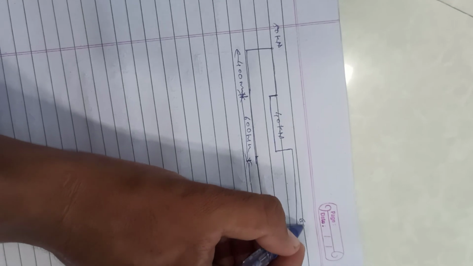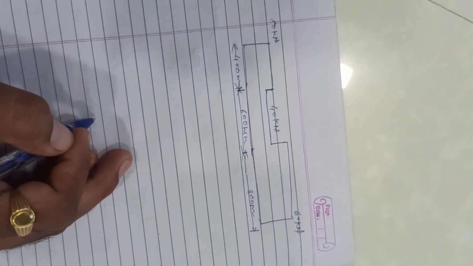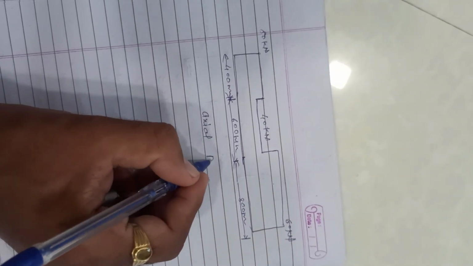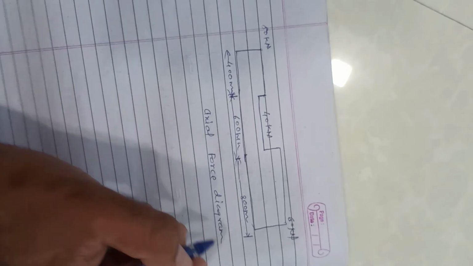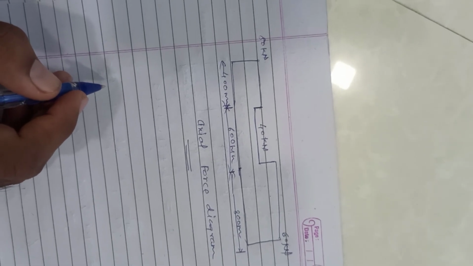This is 60 kilonewton. So this is the force diagram, the axial force diagram. So you can also draw the axial force diagram.